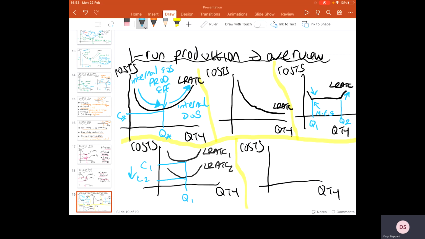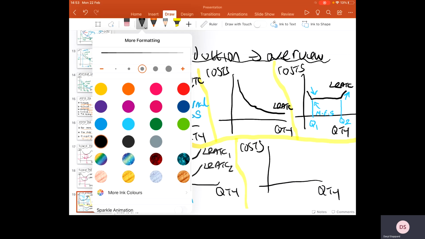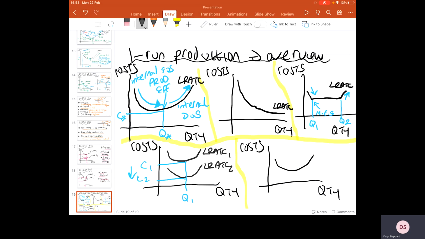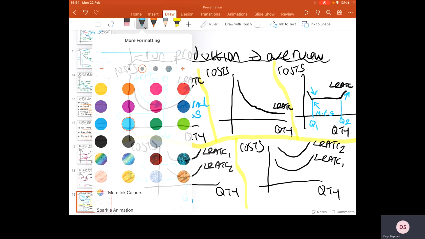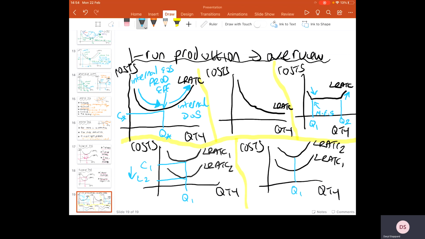So average cost of production falling. And of course, what we can also show are the external diseconomies of scale. So we've got here long run average costs increasing due to problems within the industry growing. So resource competition, labour shortages, etc.